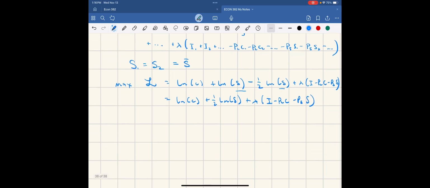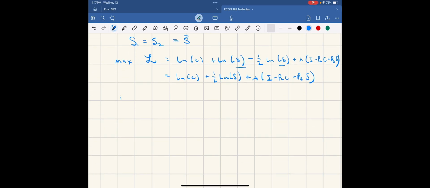And now we can take the first order conditions of the socially optimal amount. So with respect to C, we get 1 over C minus lambda PC equals 0. And now here's where it changes. When we take the partial derivative with respect to S, we get 1 over 2S minus lambda PS equals 0.